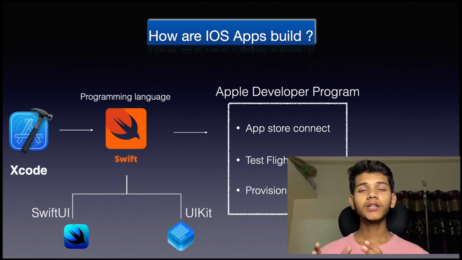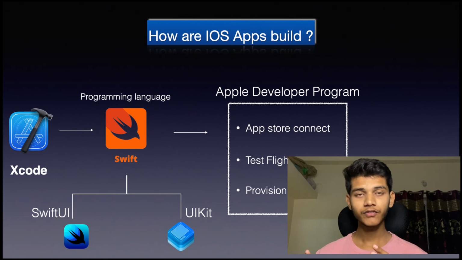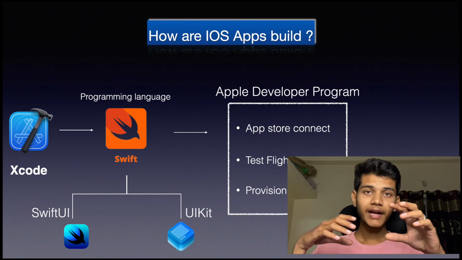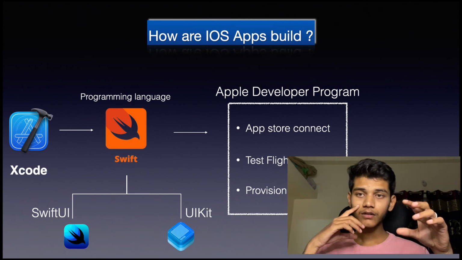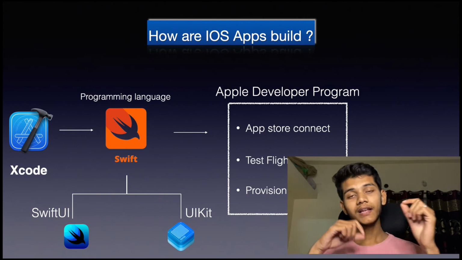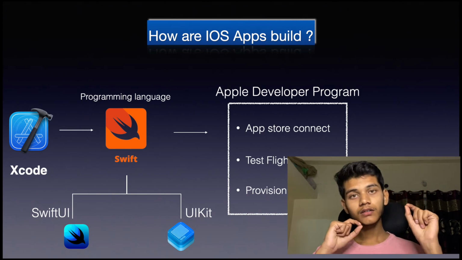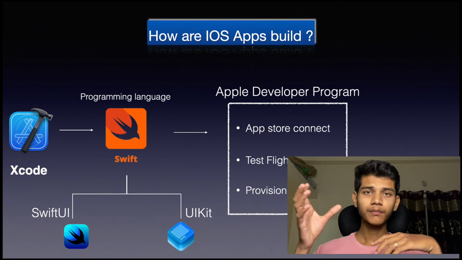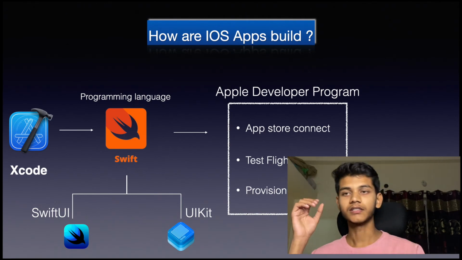So for the privacy and security sort of things, we have this provisioning portal. The unique ID and the Apple ID or your name, everything you give here while you have created your project. And while building your application also you can change this.